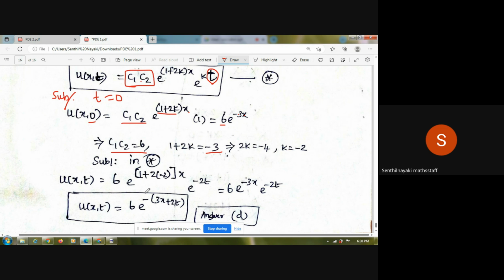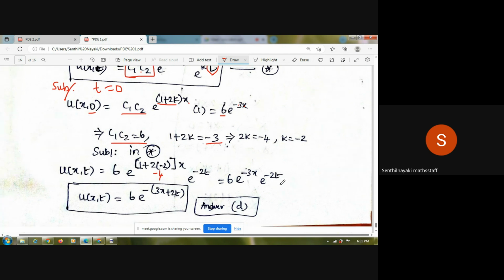Instead of C1 C2, we are substituting 6. So 2 2s are 4, so minus 4, and minus 4 plus 1 is minus 3, so minus 3x. So 6 e power minus 3x into e power minus 2t.